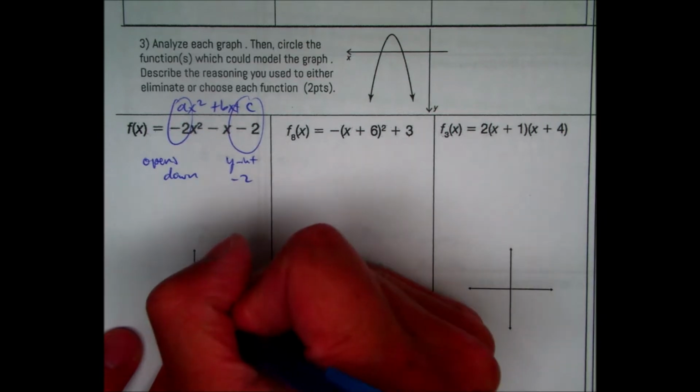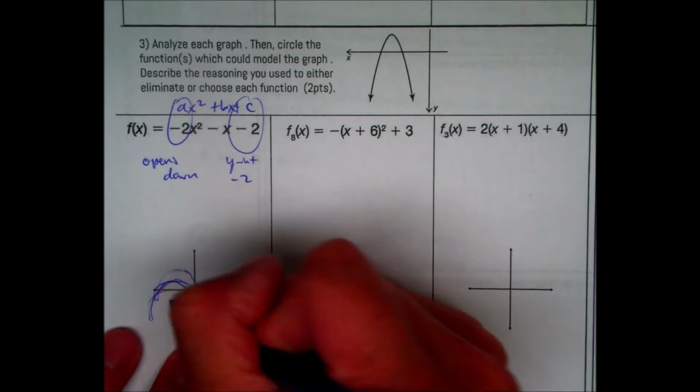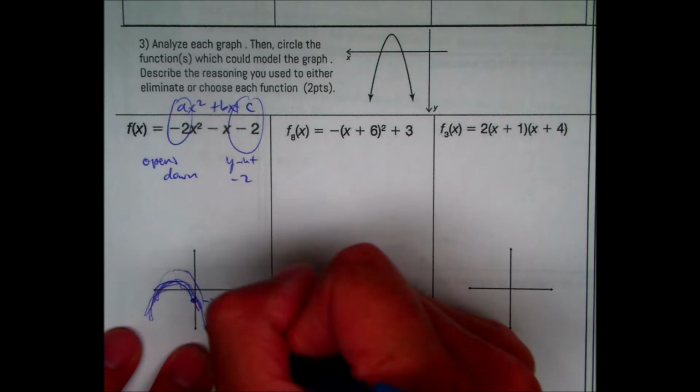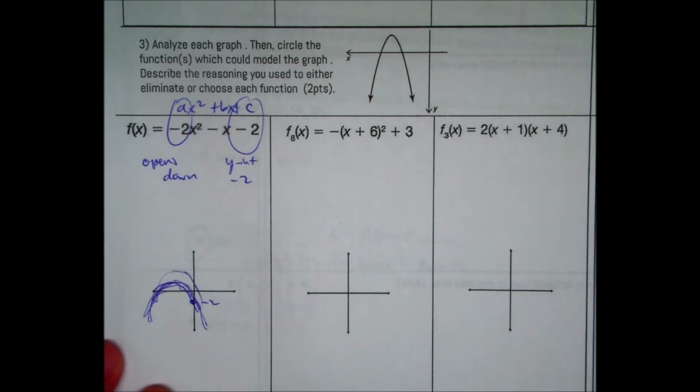My graph could look something like this. There's negative 2. Something like that. So it could match this graph, so I'm going to go ahead and circle that one.